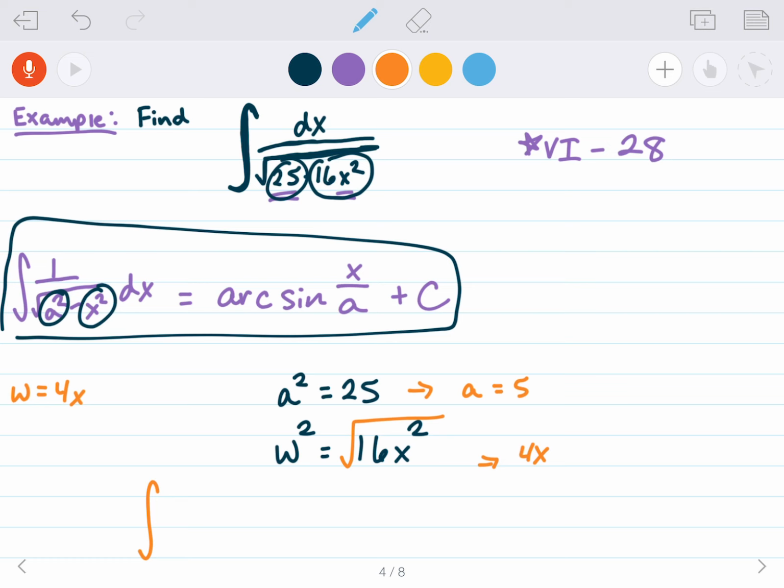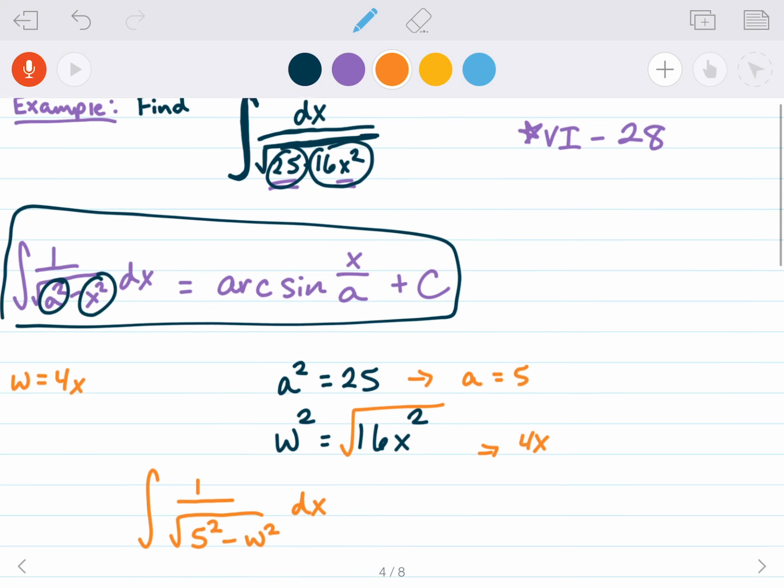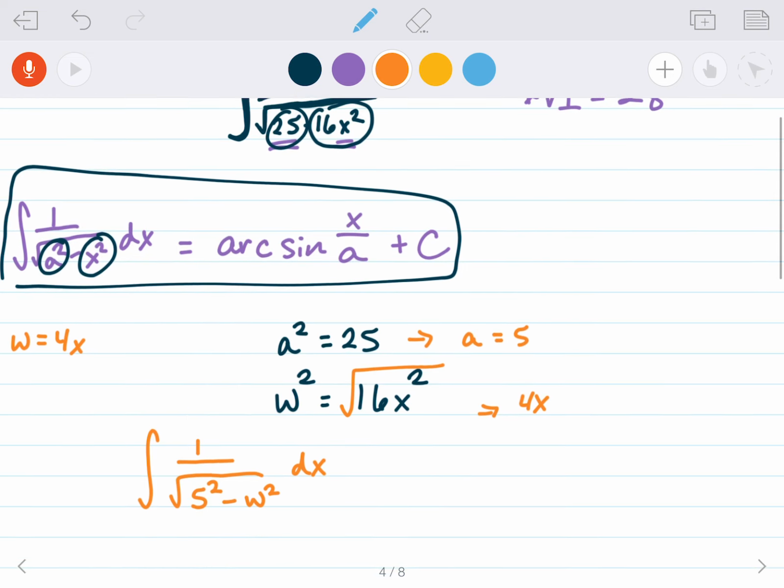So we have 1 over the square root of 5 squared minus w squared dx. I just brought the dx to the side instead of being right on top. Now, I want to integrate this with respect to w, so I have to figure out what dx is. To do that, remember, we take the derivative of both sides, so dw is equal to 4 dx.